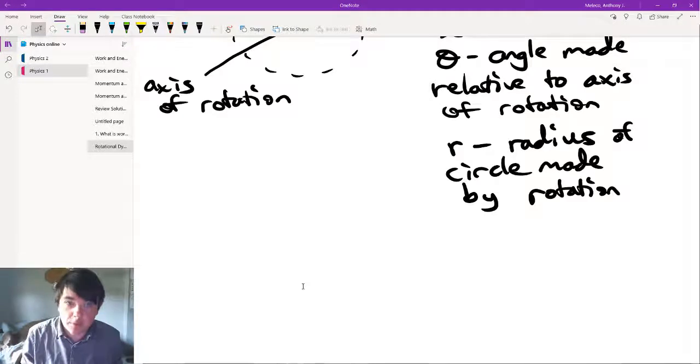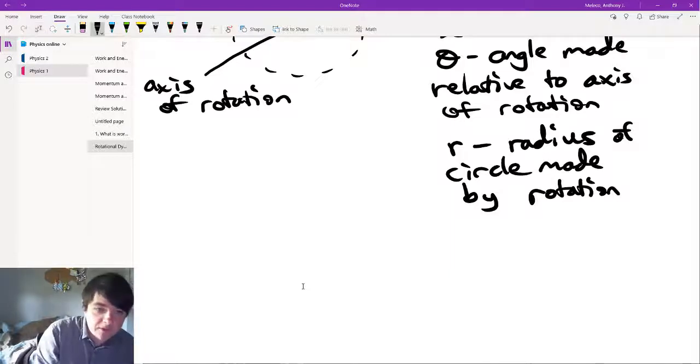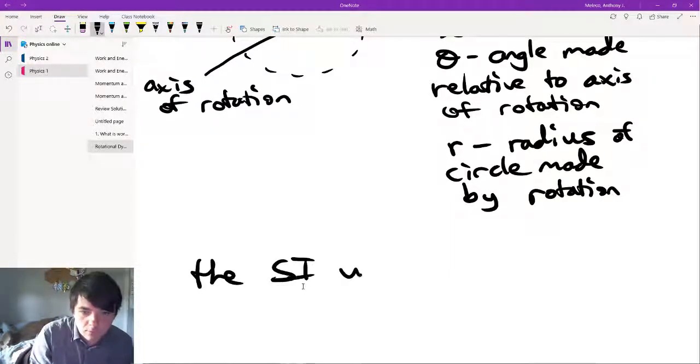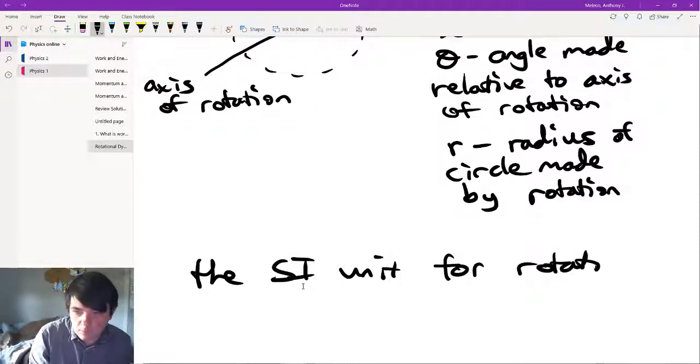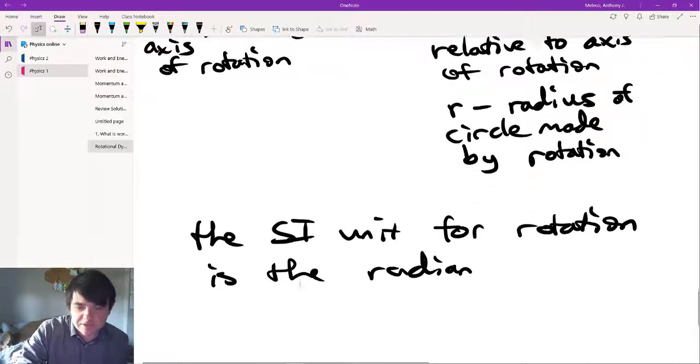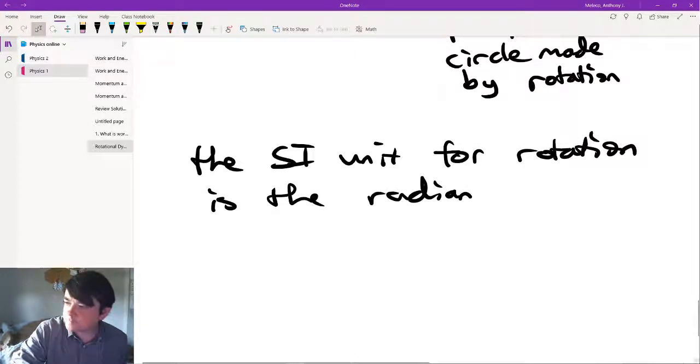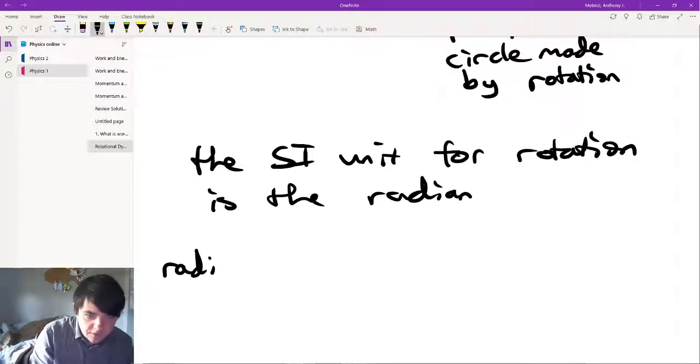So for linear motion, we use meters, because it's the SI unit. So the SI unit for rotation is the radian, okay? So it's not actually degrees. It's this term called radian. So let's define it.